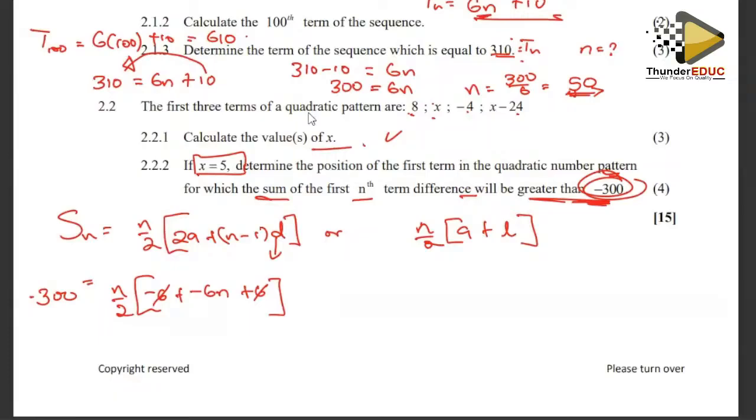If we open this up, negative 300 is equal to negative 6n squared over 2. Did we do anything wrong? I said if this is negative 6n plus 6, 2 times this is negative 6 also.